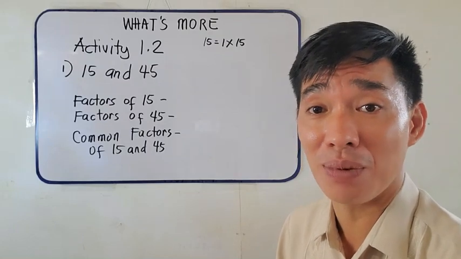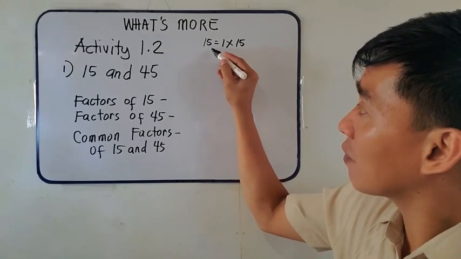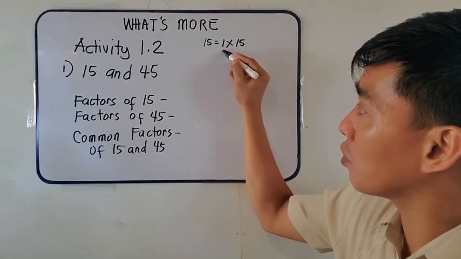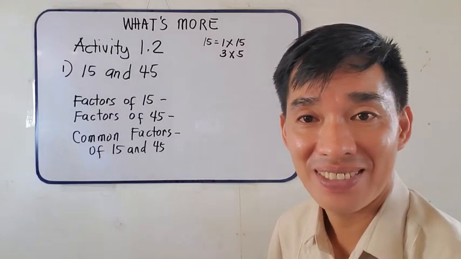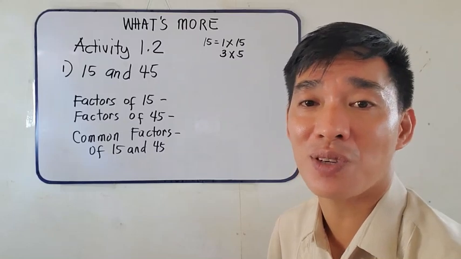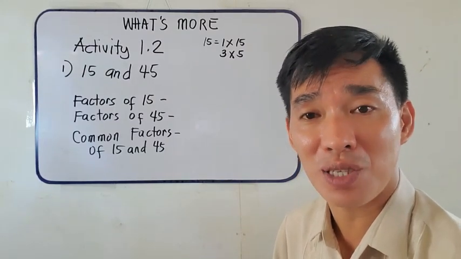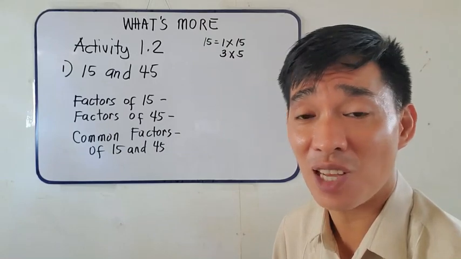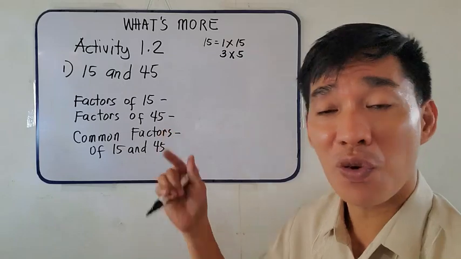Therefore, that is divisible by 5. So we could say that 15 is also equal to 3 times 5. So, 3 and 5 are factors of 15. Do we still have more pairs of factors for 15? That's all. So, let's continue with the factors of 45.